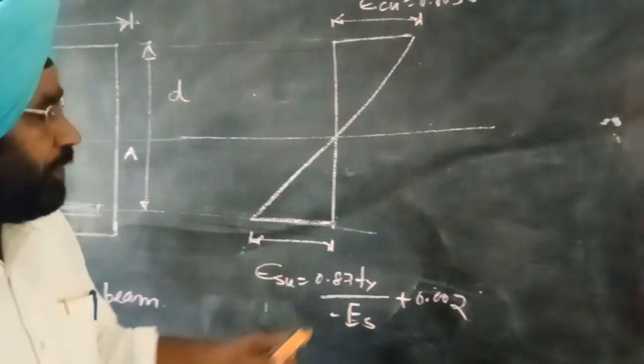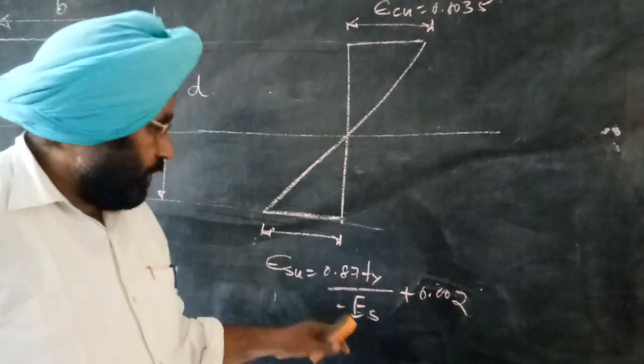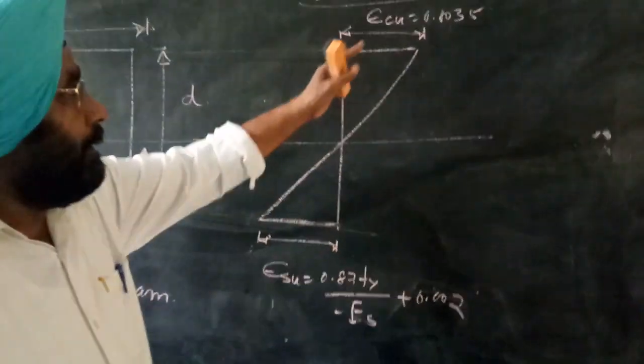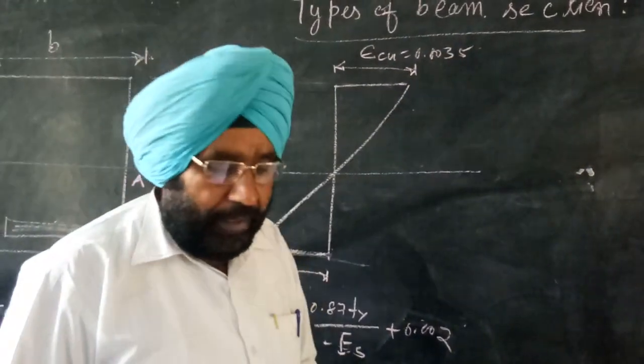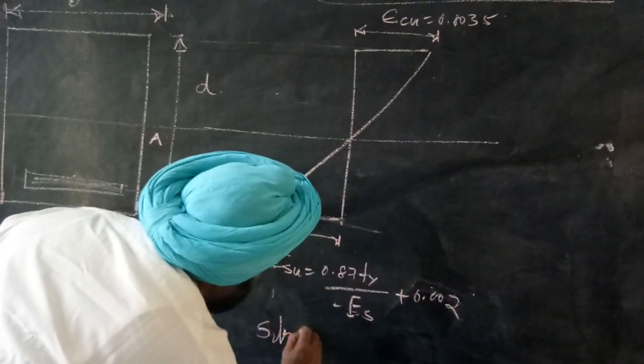Fy is the yield stress of steel and Es is the modulus of elasticity of the steel. Epsilon su means yield strain of steel, and epsilon cu means maximum compressive strain in concrete.